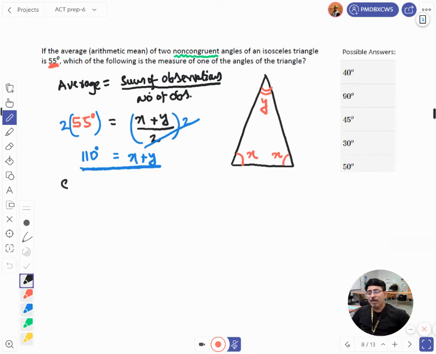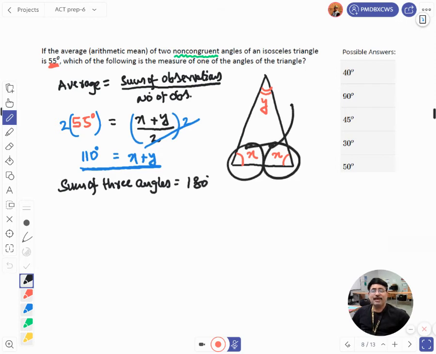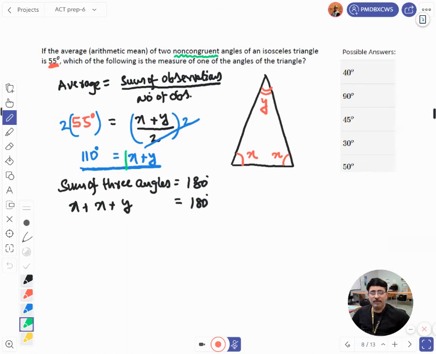We know that the sum of three angles of a triangle is 180 degrees. Those angles are x, x and y. Therefore, x plus x plus y equals 180 degrees. Now, listen carefully. We know that x plus y equals 110.